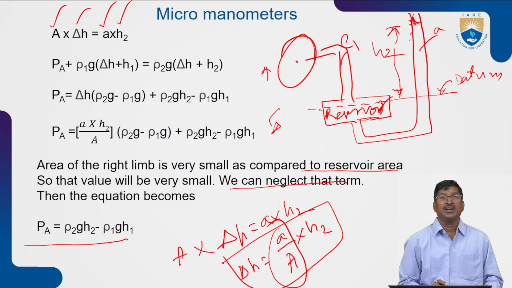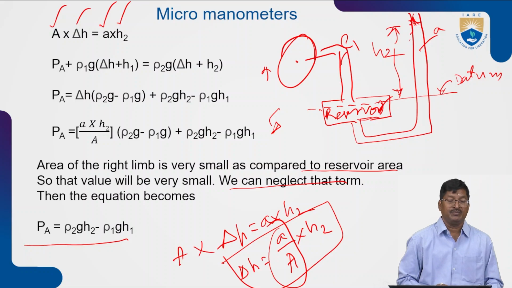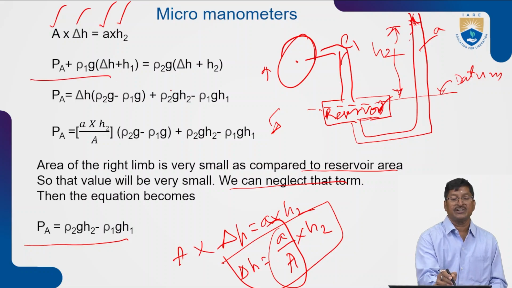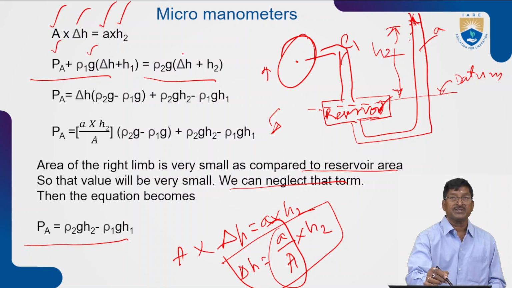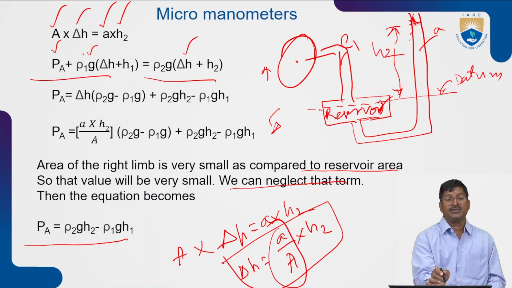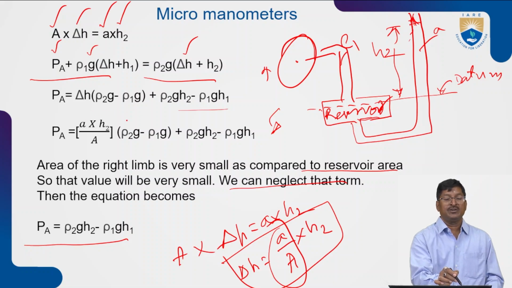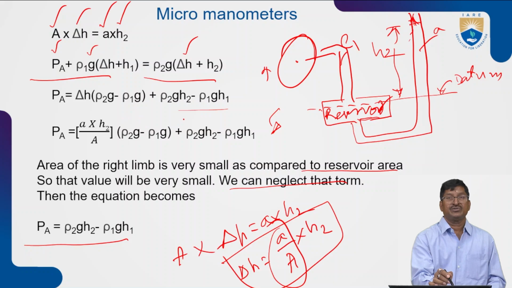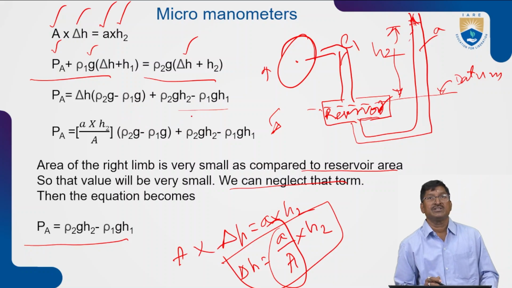H2 is the height of the manometer fluid above the datum. So if we equate the pressures in the left limb and right limb, this is the pressure inside the pipe, this is the pressure in the left limb, this is the pressure in the right limb. Taking common delta H, you will get rho 2 g delta H into rho 2 g minus rho 1 g plus rho 2 g H2 minus rho 1 g H1.